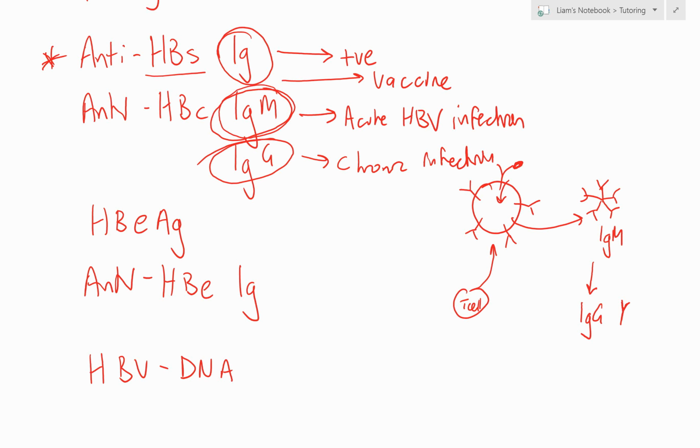So in a lot of countries where vaccination isn't very routine and hepatitis B levels are very high in the population, children born to a hepatitis B positive mother will be infected basically at birth. And if that infection isn't cleared, it becomes chronic very, very quickly, and it's very hard for them to clear.